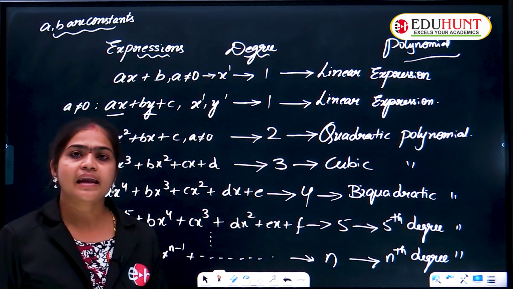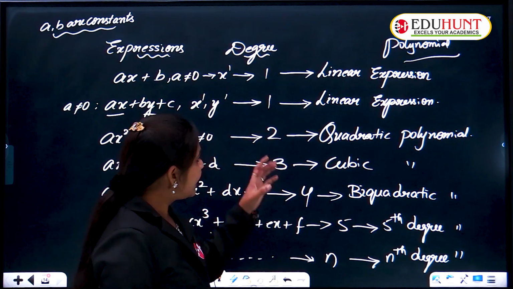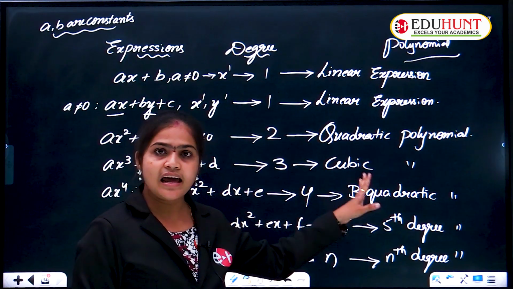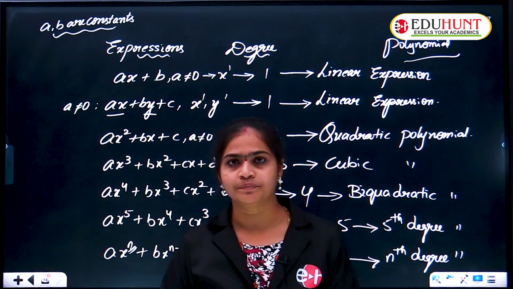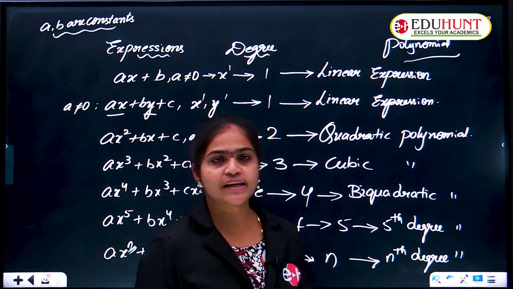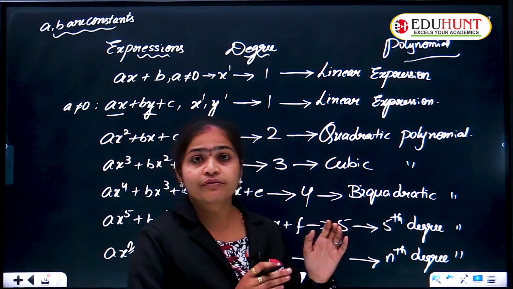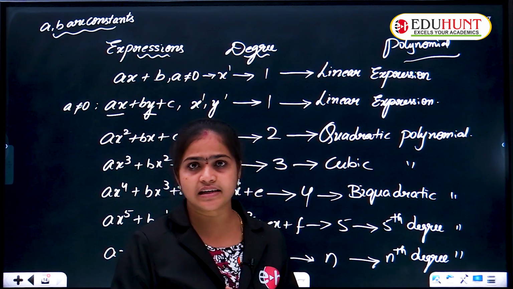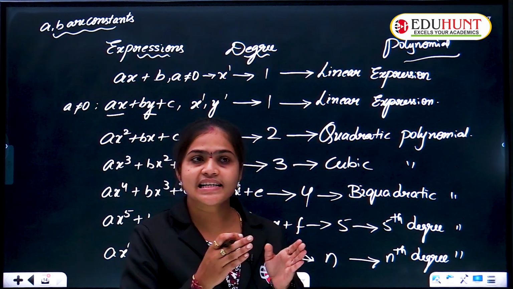Understood? Why did we discuss all these things? Depending on the degree, we have different names. Now, which expression can we consider a simple equation? All these things we learn from 6th class onwards. In 6th class, in algebra, we have just the introduction part.